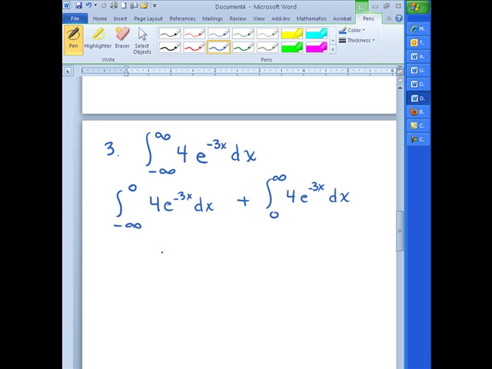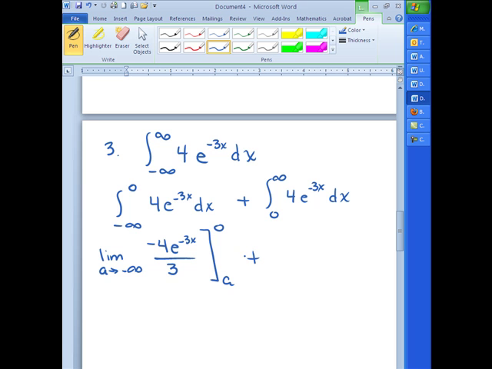So when we integrate 4e to the negative 3x, we get negative 4e to the negative 3x over 3. We have to evaluate that from a to 0, and we have to take the limit as a goes to negative infinity.